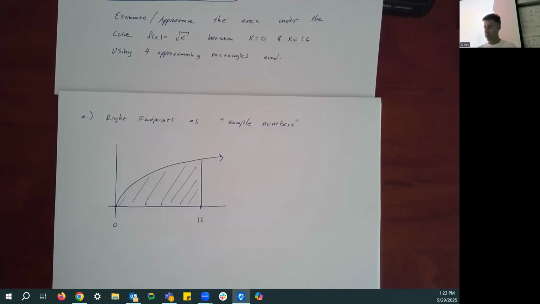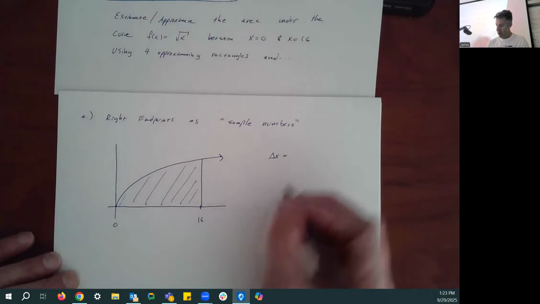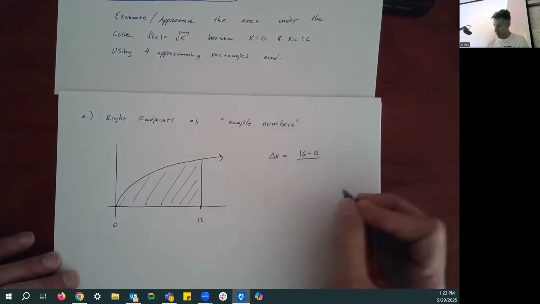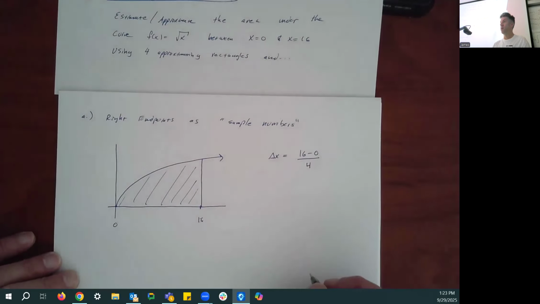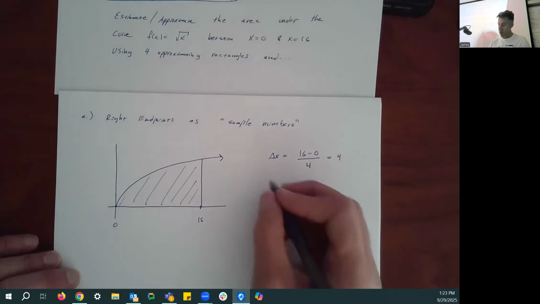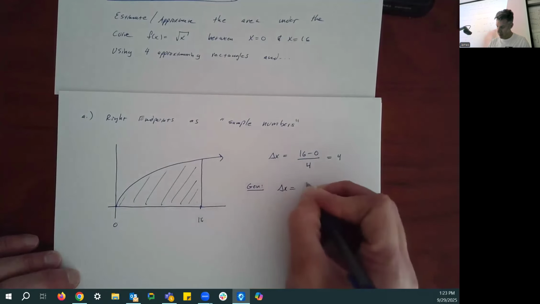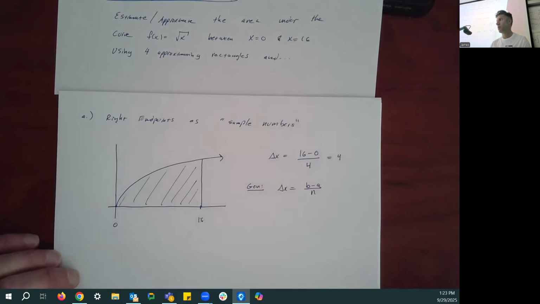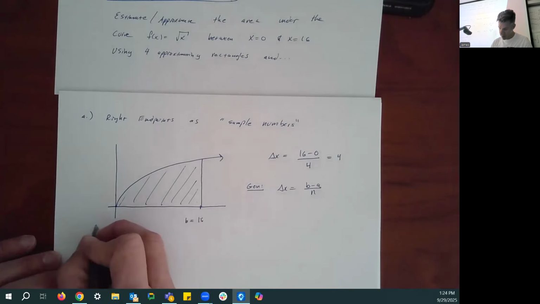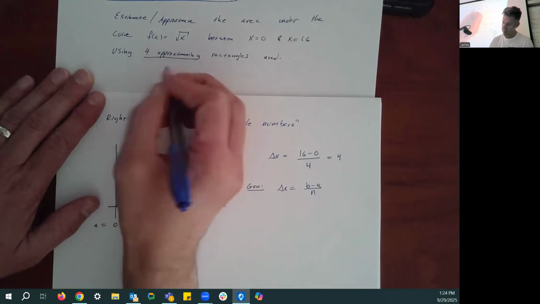The way we find what we typically call our delta x is 16 minus 0, the whole width of the interval, divided by n, the number of rectangles or subintervals we want to use, which in this case is 4. More generally, delta x is equal to b minus a divided by n, where in this example 16 is our b value, 0 is our a value, and n is 4 because we're using 4 approximating rectangles.